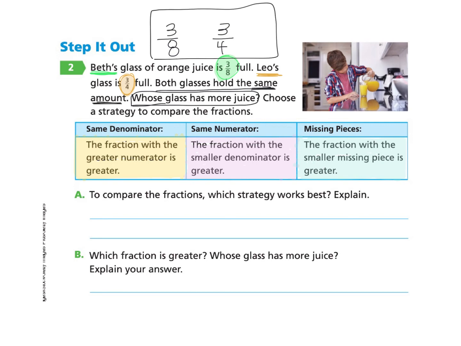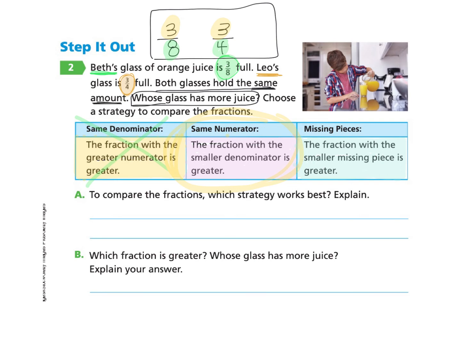Let's take a look at the same denominator strategy. I'm showing the denominator is 8 and 4. So this strategy would not work because they do not have the same denominator. Let's take a look at the next strategy. The same numerator. We see that they do have the same numerator. So this would be a good strategy for us to use. The fraction with the smaller denominator is greater.